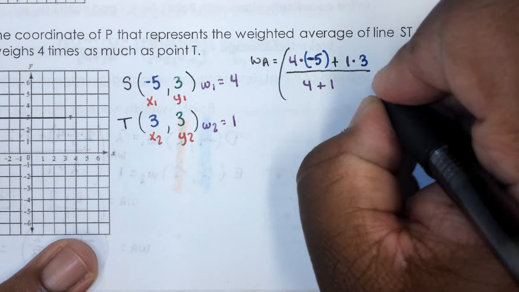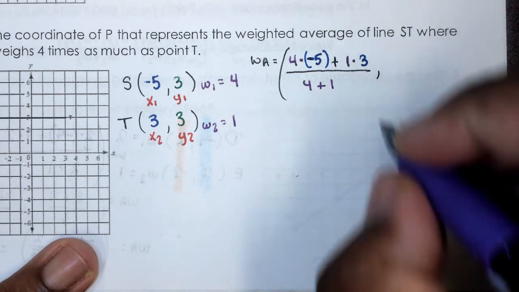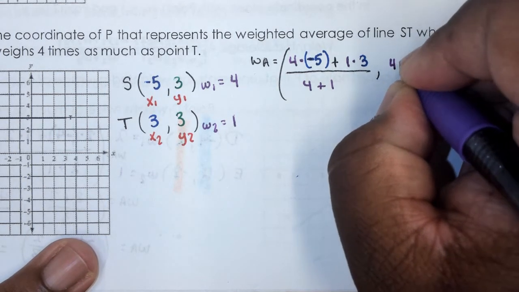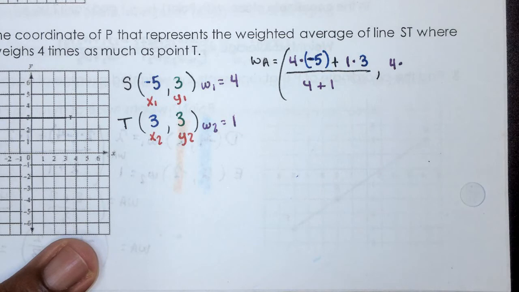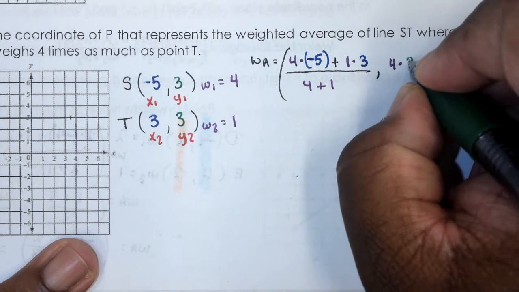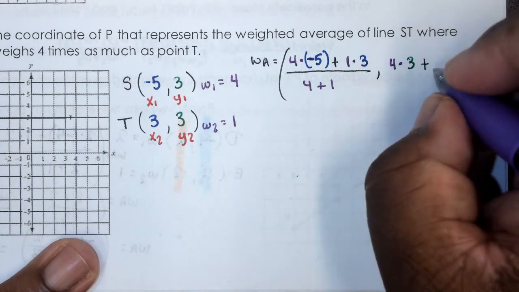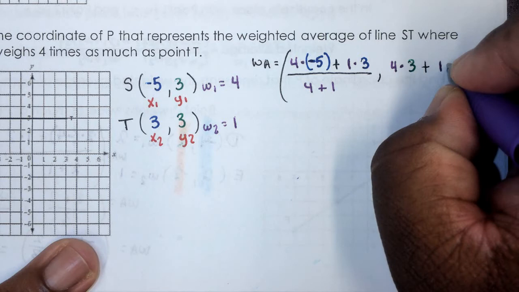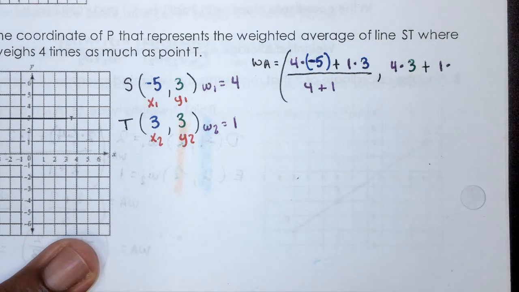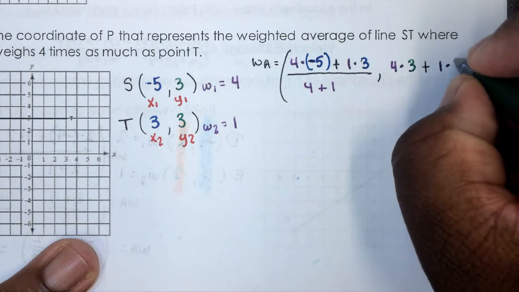Then I need to do the y's. Weight 1, which is 4 again, times my y1, which is 3, plus weight 2, which is 1, times my y2, which is 3 as well.